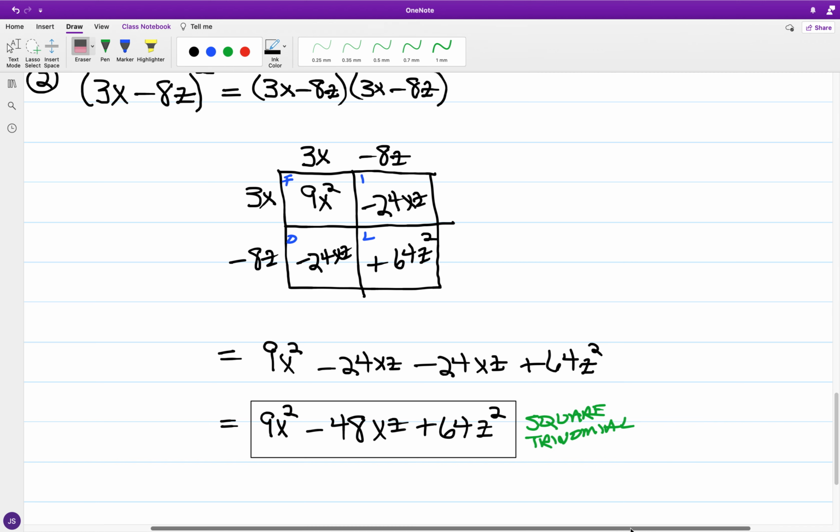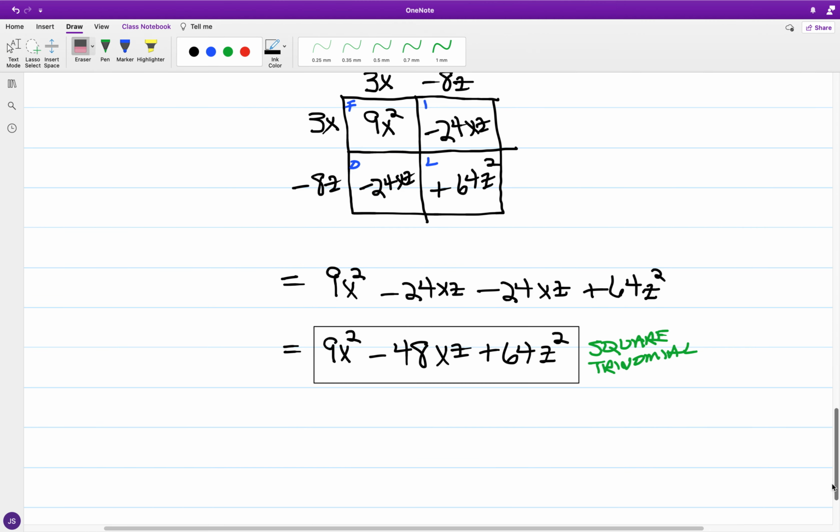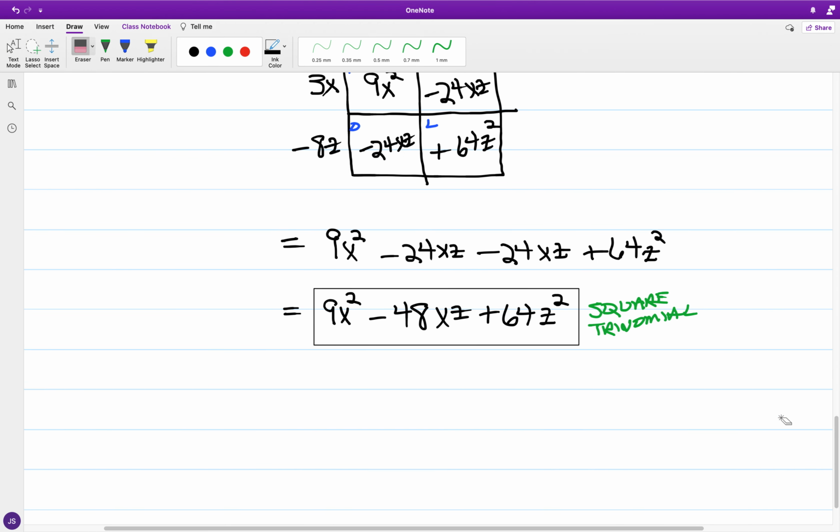Okay, and now going in essentially the other direction. Now we looked at multiplying polynomials, and now we are crossing over into the realm of factoring.